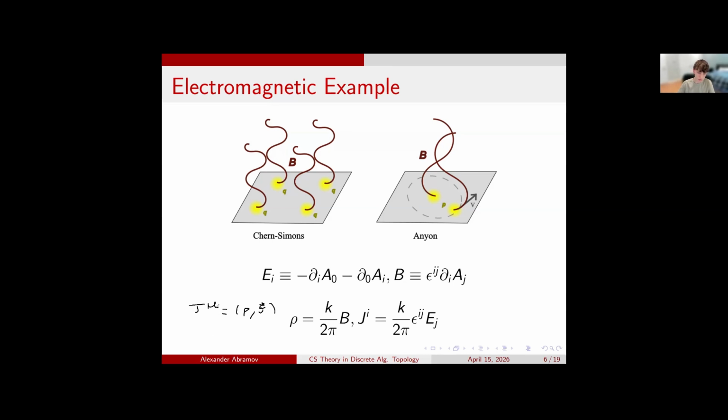By introducing this matter current, we can solve these equations the same way we solved the 3-form equation of motion in the previous slide. I didn't write that out, but you can just apply it the same way. It's the exact same procedure, and you get these 2 equations here, which describe some pretty interesting results.